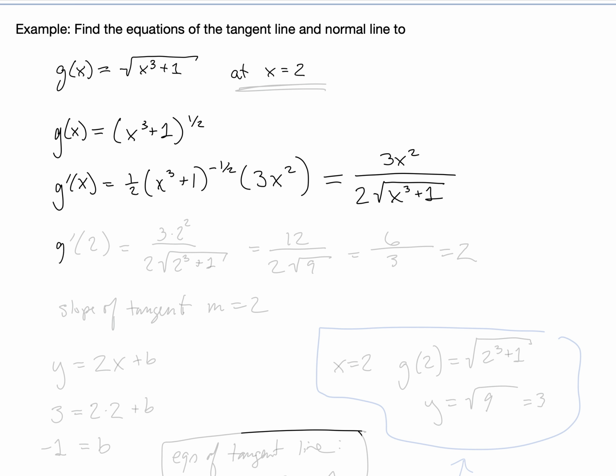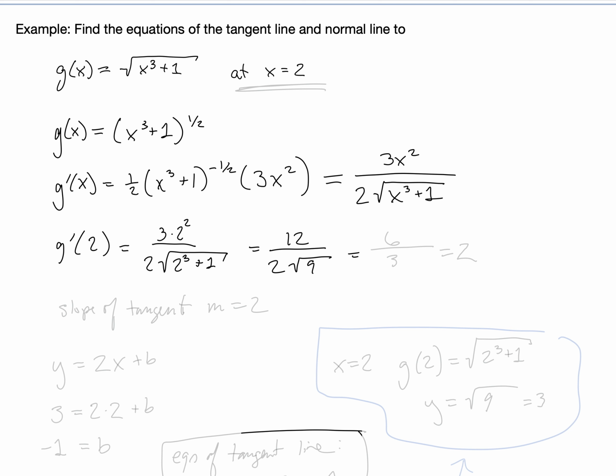So then g prime of 2 is equal to 3 times 2 squared, we'll just write it out, divided by 2 times the square root of 2 cubed plus 1. So 3 times 4, that's 12, over 2 times the square root of 2 cubed is 8 plus 1 is 9.